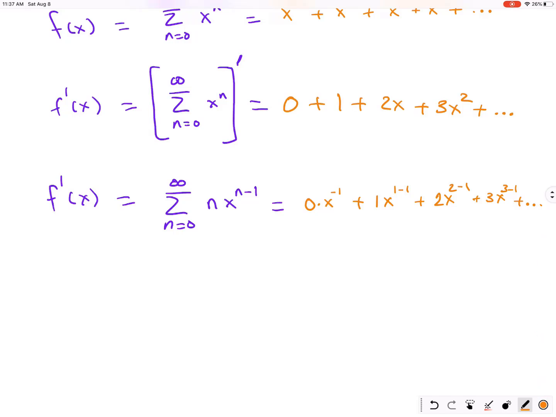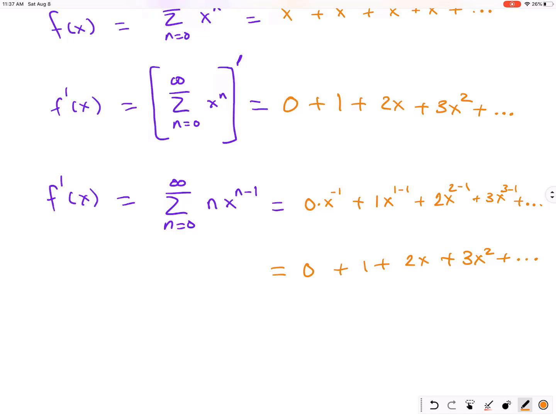And when I simplify this, I see that this is 0 times x to the negative 1, so this is 0. And then the next one would be 1 times x to the 0, which is 1. And the next one would be 2 times x to the first. And the next one would be 3 times x to the 3 minus 1, and 3 minus 1 is 2, so this is 3 times x squared.